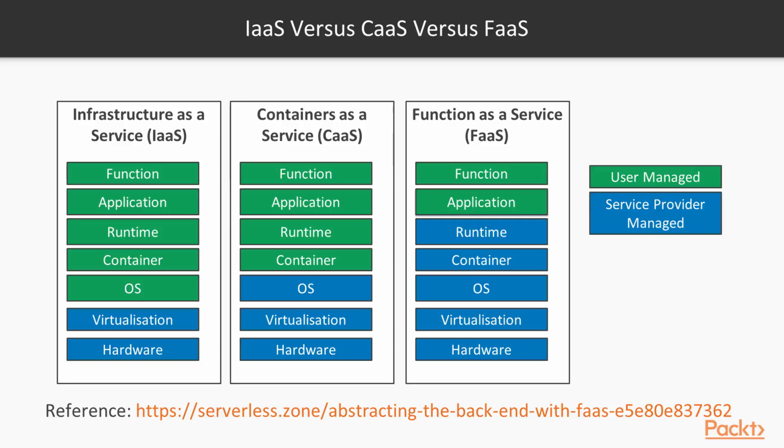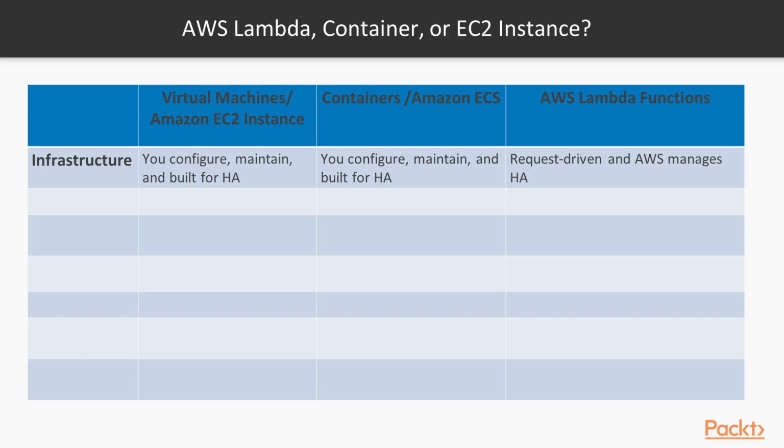So how do you choose between AWS Lambda, containers and EC2 instances in the AWS world? It's very simple. If we compare virtual machines against containers and Lambda functions on the top row, you can see that there is some configuration effort required in terms of the maintenance, building it for high availability and configuration management.